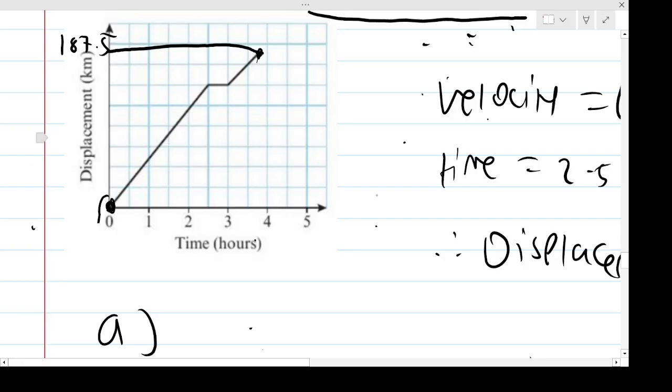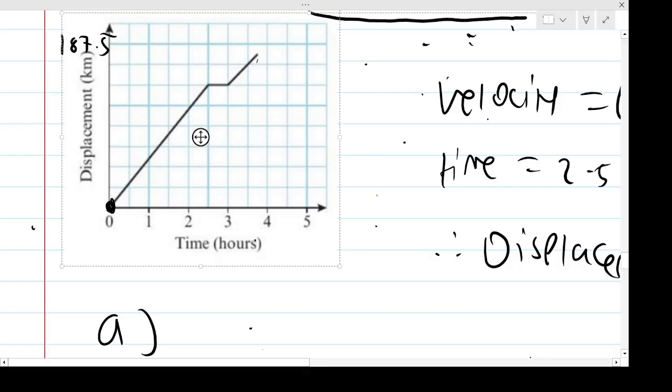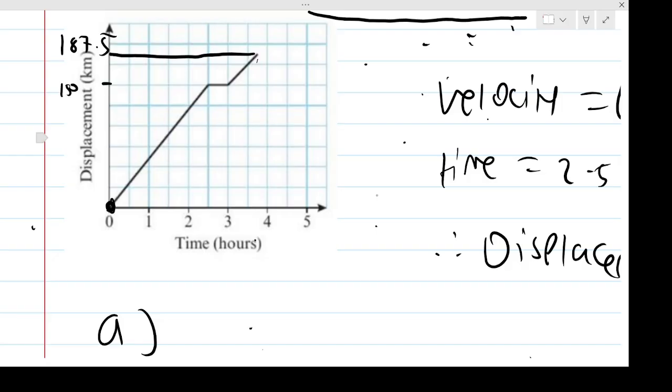So again, at the start to the end, the displacement here is 187.5, which is in the middle. So if this is 150, then this will be 175, and then a half of that. Okay, and then the time, again, hopefully you can see clearer now. It's 3 to 3.5 here, and then midway of a box is 3.75.